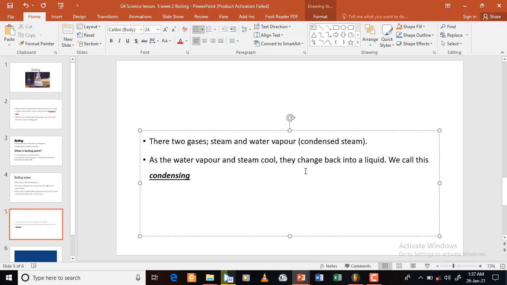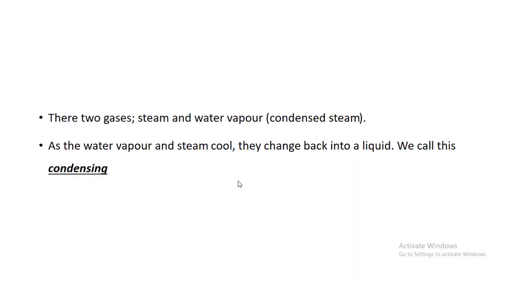So this process is condensing. When water vapor and steam cool, they change back into a liquid, and we call this process condensing, which is the opposite of evaporation. So that marks the end of the lesson.